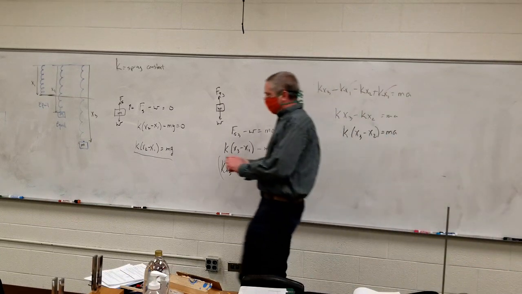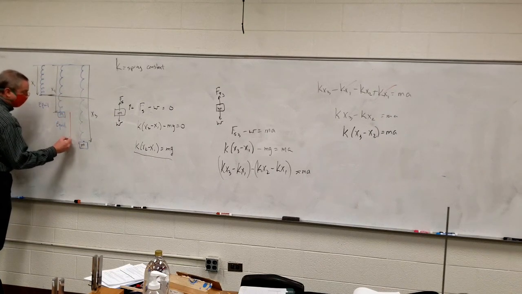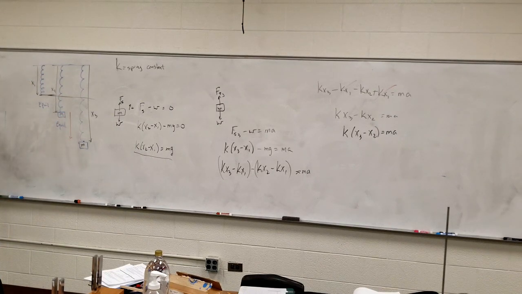This right here is just how much it's stretched from that distance right there. So we can treat that as the stretch, as long as we don't consider the weight of it. The weight canceled out. If you want to bring the weight into it, then you need to use the stretches from here.